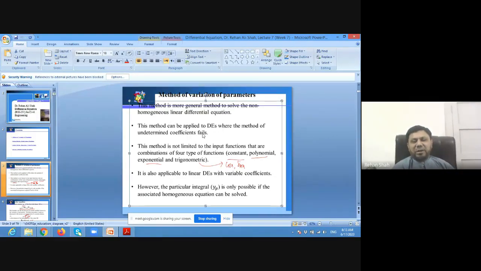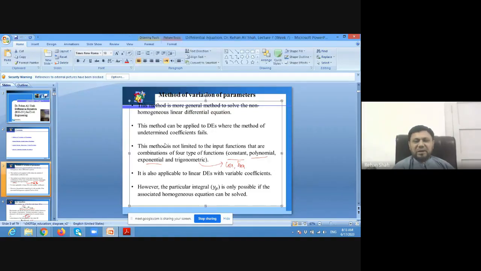If you have log of x at the right hand side, you know that the undetermined coefficient method, which we studied in the previous lecture, fails to select yp. So the method of variation is used where the method of undetermined coefficients fails.